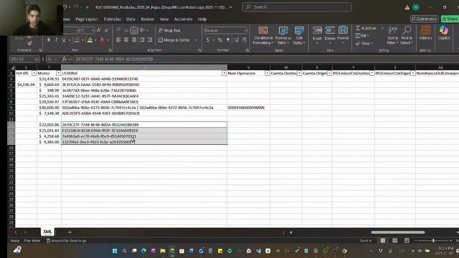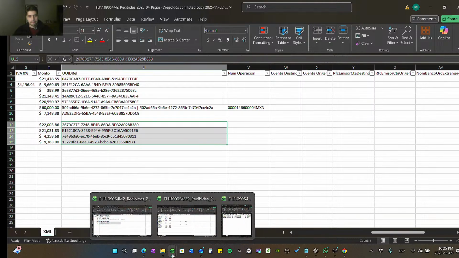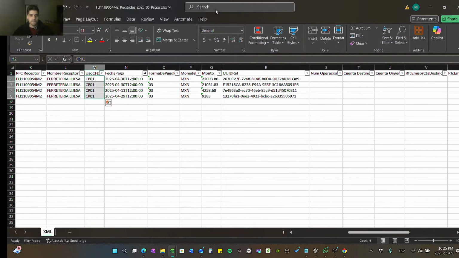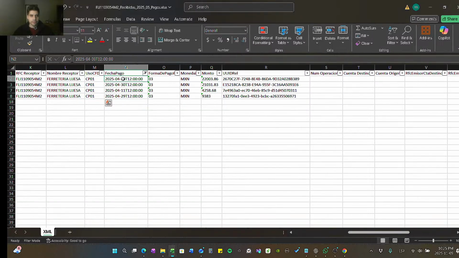These four invoices right here, they are from April, but I found them on the May Excel file. They are right here.